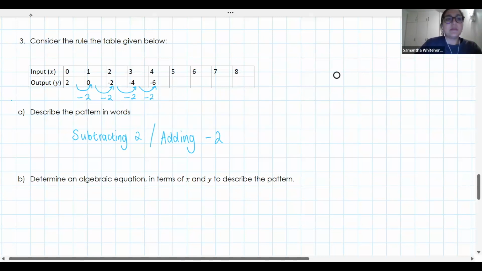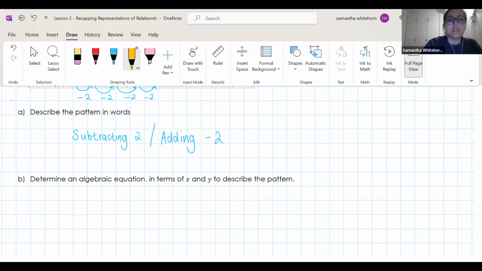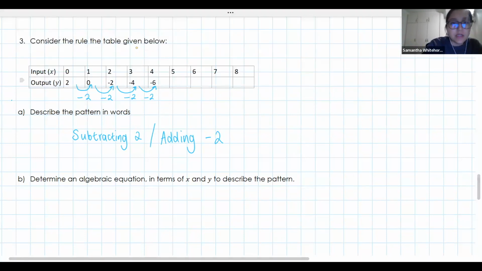Now, guys, because you know what the rule is, you can continue this table. So we can subtract another 2 and we can get -8 as our next output. We can subtract another 2 and get our 6th output as -10. And so we can continue our pattern to get subsequent outcomes.